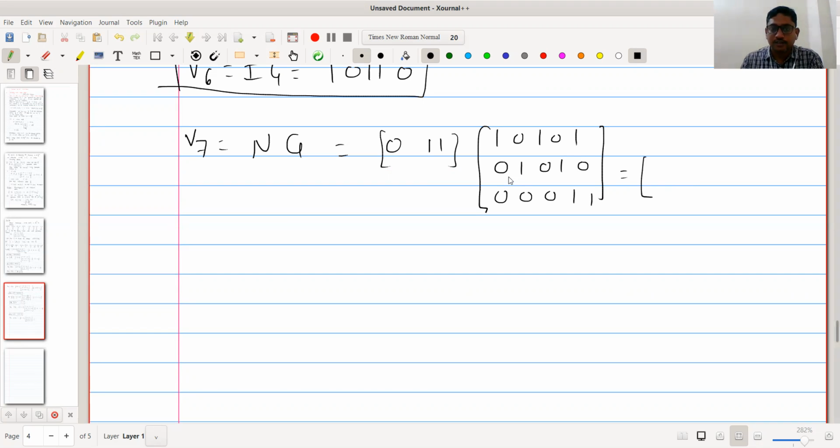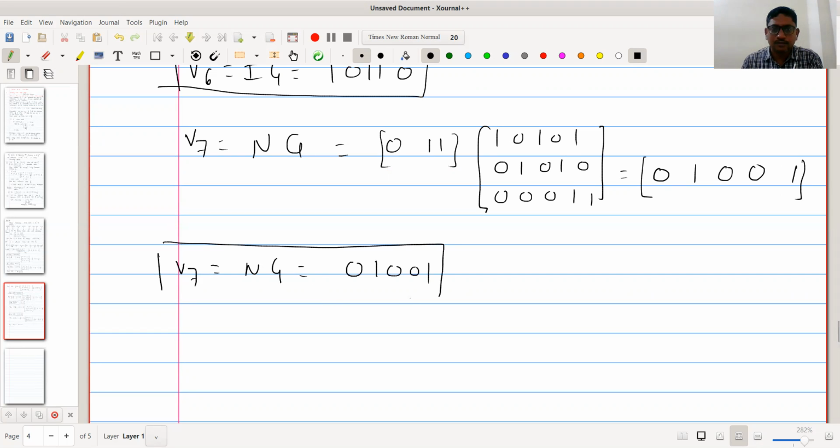Only 0 into 1, 0 into 1, it is 0. 1 into 1, 0, 1 plus 1 is 0, and 1. Let me correct if something is wrong there. 01001. You can check all the calculations. The procedure is important instead of calculations.